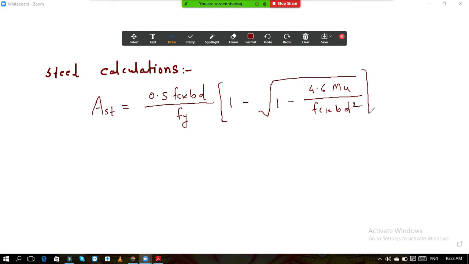This is the formula. Now put the values in the formula and find the answer.